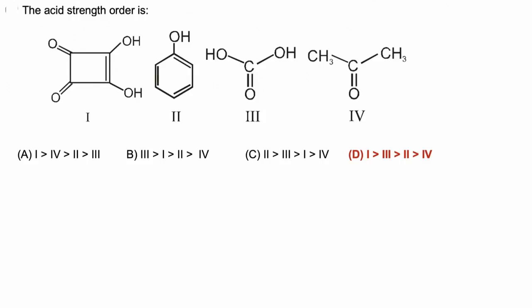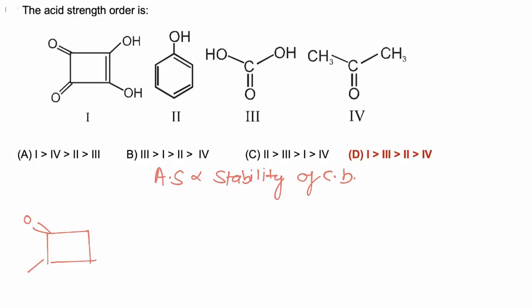In this question we have to find the correct acidic strength. Now acidic strength can be compared on the basis of stability of the conjugate base. If the conjugate base is stable, then the acidic strength will be high. Now in the first case, in the case of squaric acid, after removal of H positive ion, this anion is formed which is an aromatic anion and involved in resonance, so most stable.